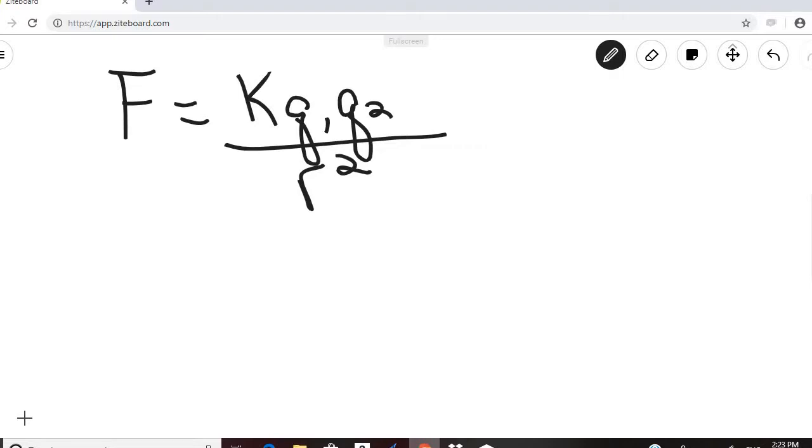It's in the same way that the electrostatic force is inversely proportional to the square of the distance between the charges, the magnetic force is inversely proportional to the square of the distance between the poles.